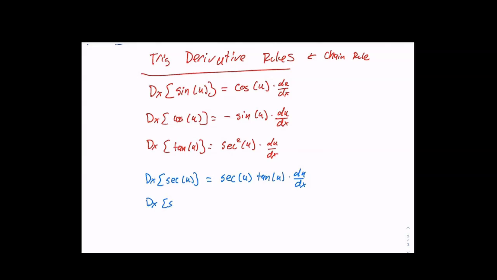Derivative of cosecant of u is equal to negative cosecant of u cotangent of u times du dx. And finally, the derivative of cotangent of u is equal to negative cosecant squared of u times du dx.